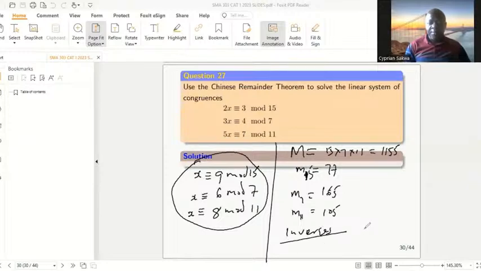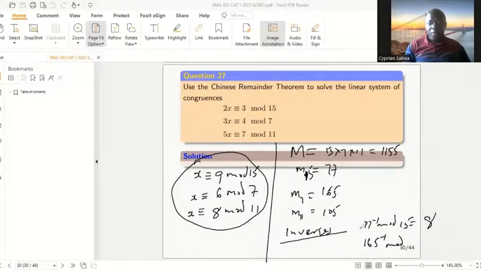You'll find that the inverse of 77 mod 15, when you do that, you will find that the inverse will be 8. And the inverse of 165 mod 7, now just find the inverse.